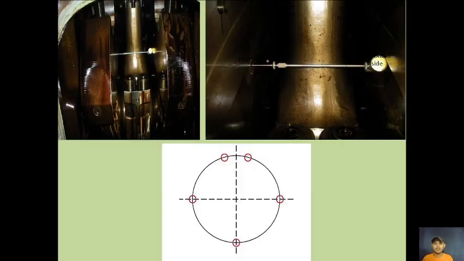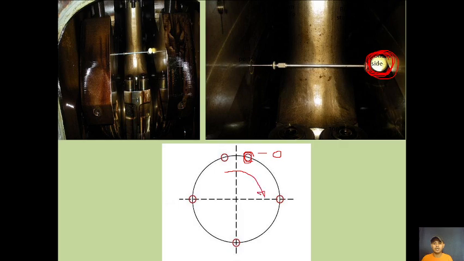So you just have to put this one. This is our dial indicator, and then you put it on this position, and then you adjust to 0, and then after that you rotate the engine.